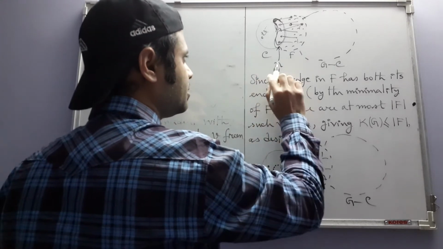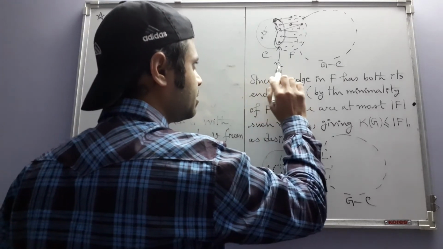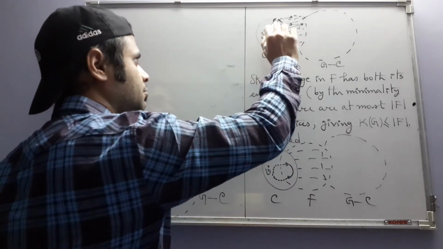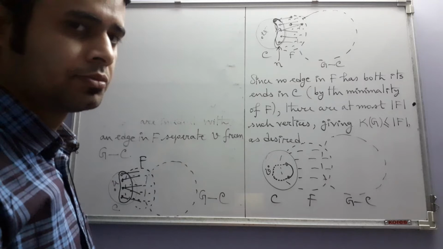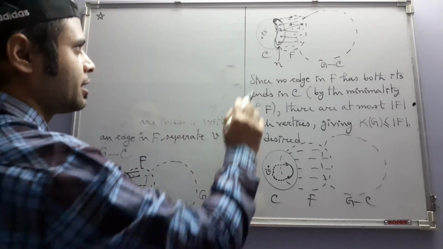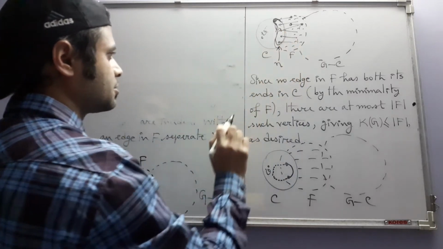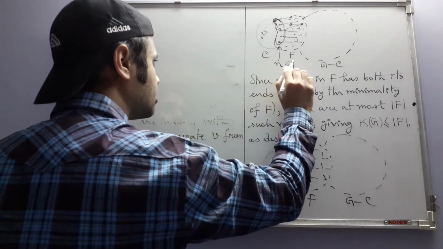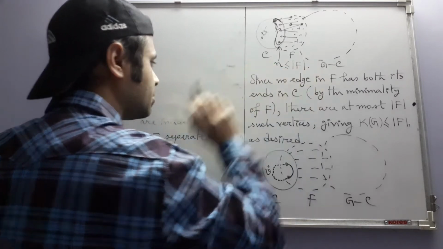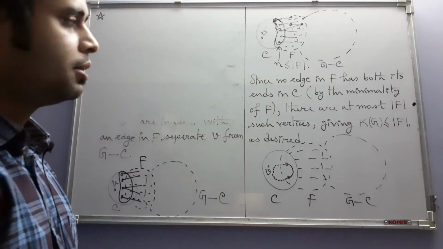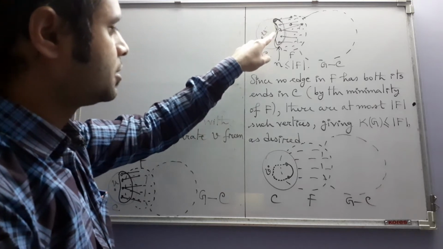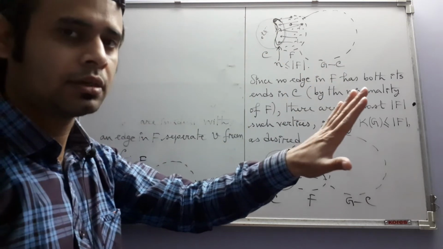But F can never be less than n, because then we will run out of edges. That is not the case, because that's how we are choosing these vertices. So that's why n is less than or equal to the cardinality of F, and removal of these n vertices is disconnecting the graph.